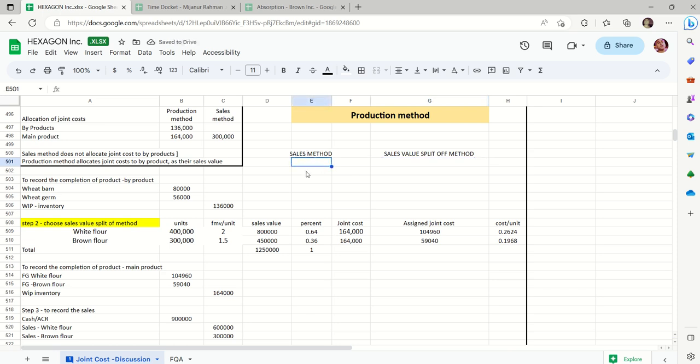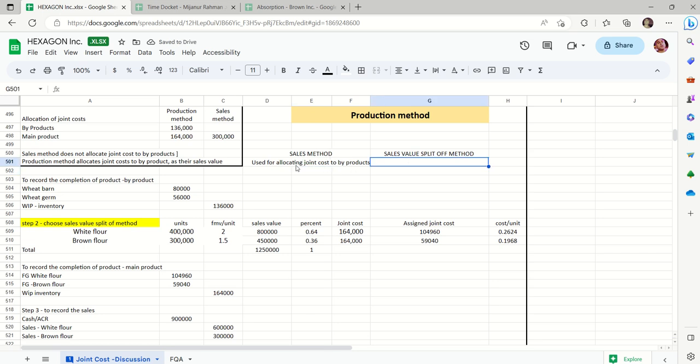Okay, the sales method is used for allocating joint costs to byproducts. Okay.